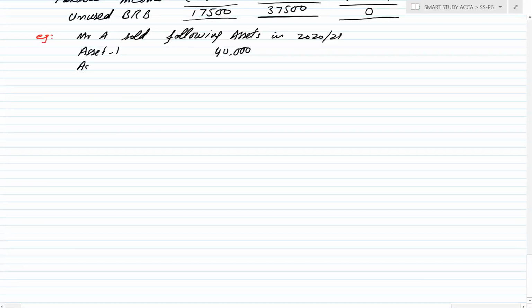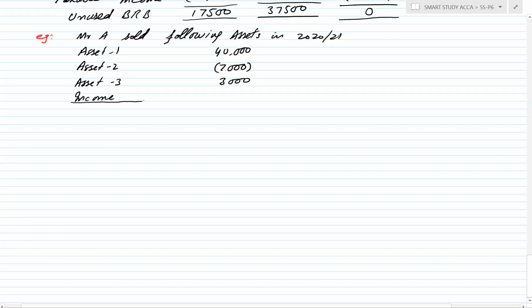And on asset 2 we have a capital loss of 7,000 pounds. We have sold asset 3 and we have gains of 3,000 pounds on asset 3.